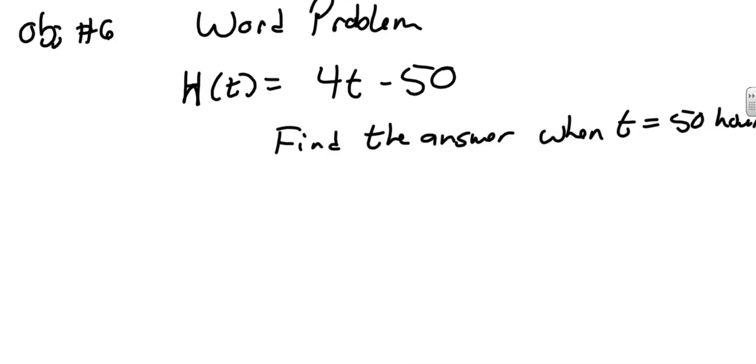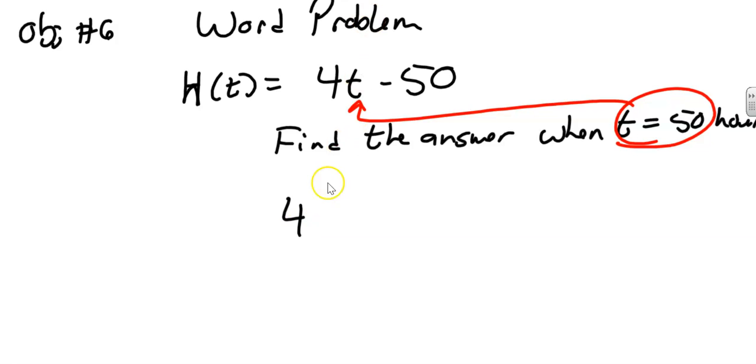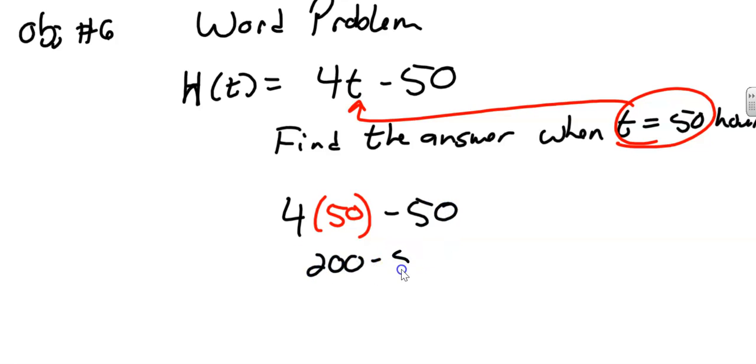Well, again, you're going to take this t equals 50, plug it back in, and then you're just going to work it out. And then you got 200 minus 50 makes it 150.